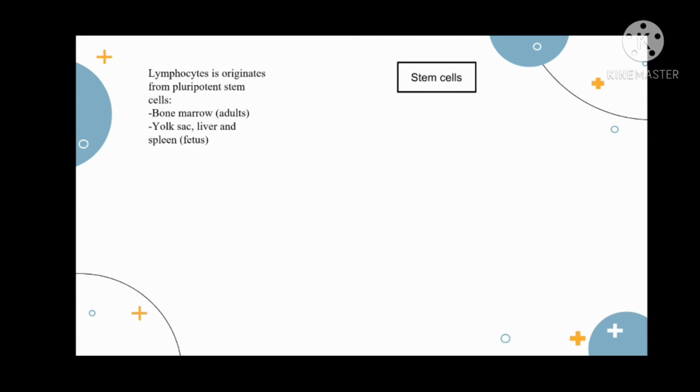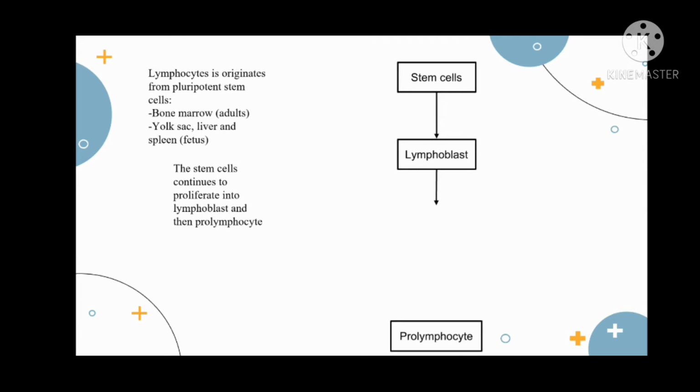So where can we find these pluripotent stem cells? In adults we can find them in bone marrow, and in the fetus we can find them in the yolk sac, liver, and spleen.